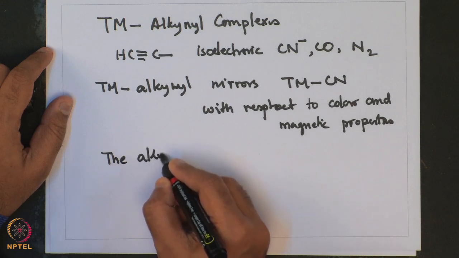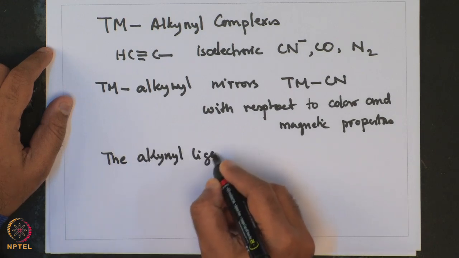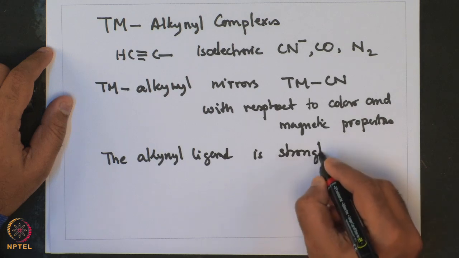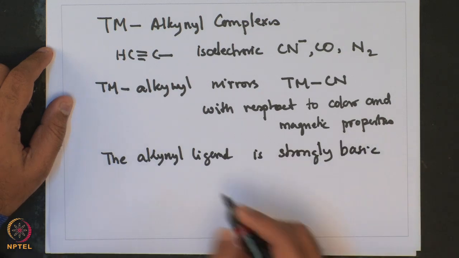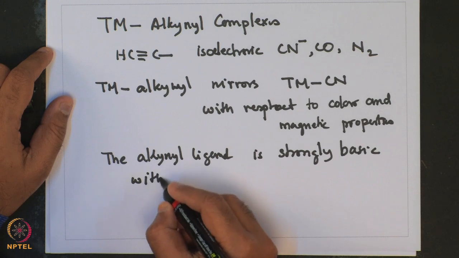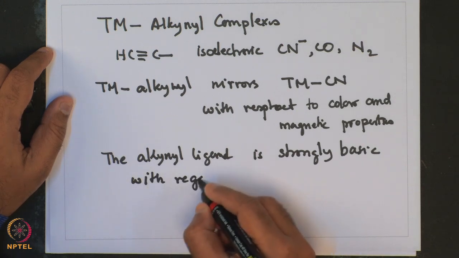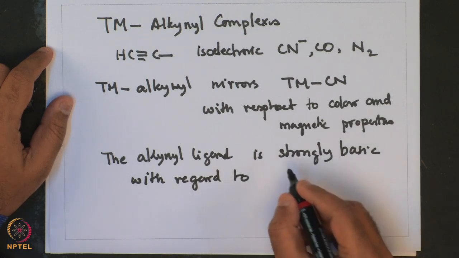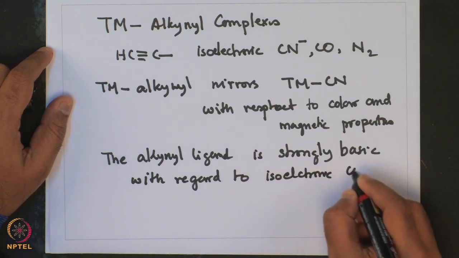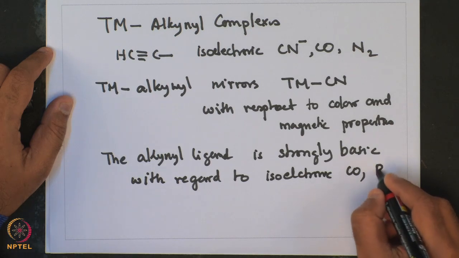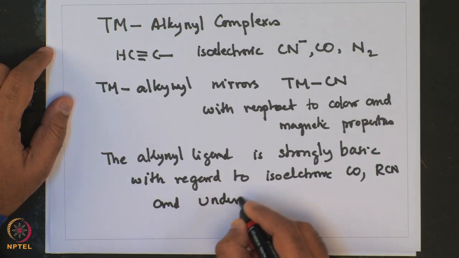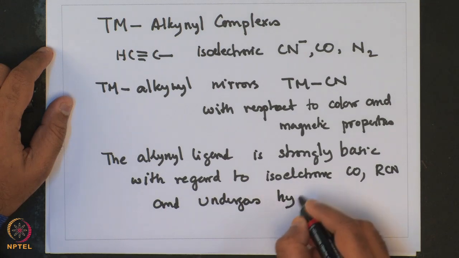and the alkynyl ligand is strongly basic with regard to the isoelectronic ligand carbon monoxide as well as RCN, and undergoes hydrolytic cleavage.